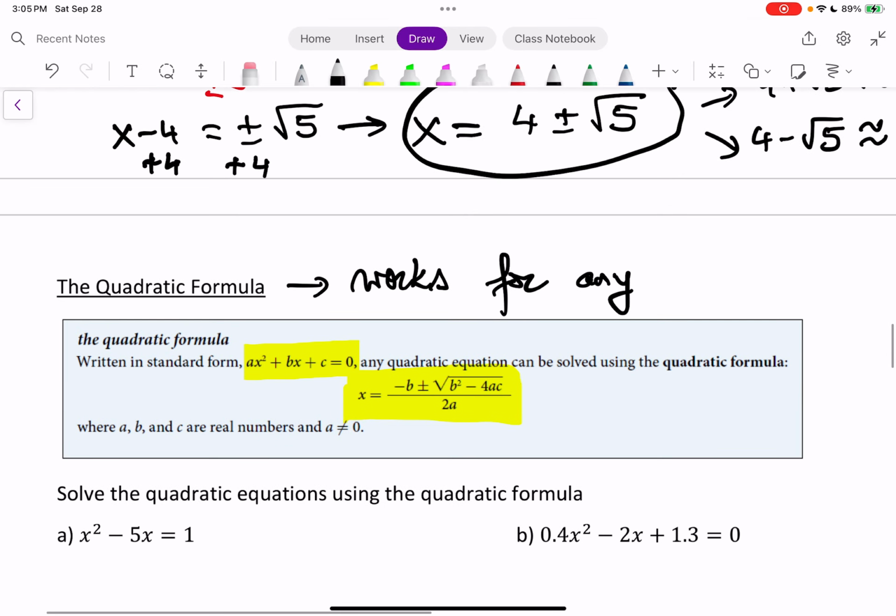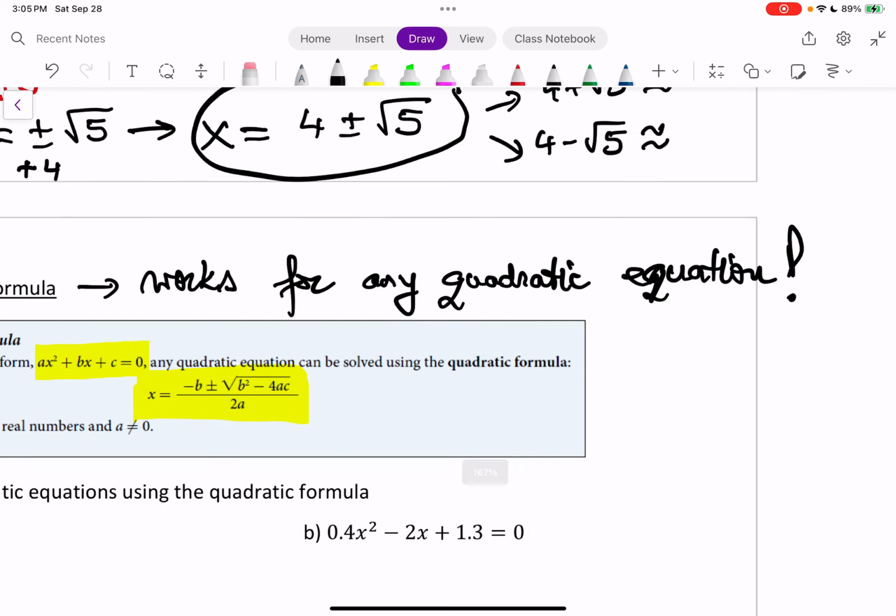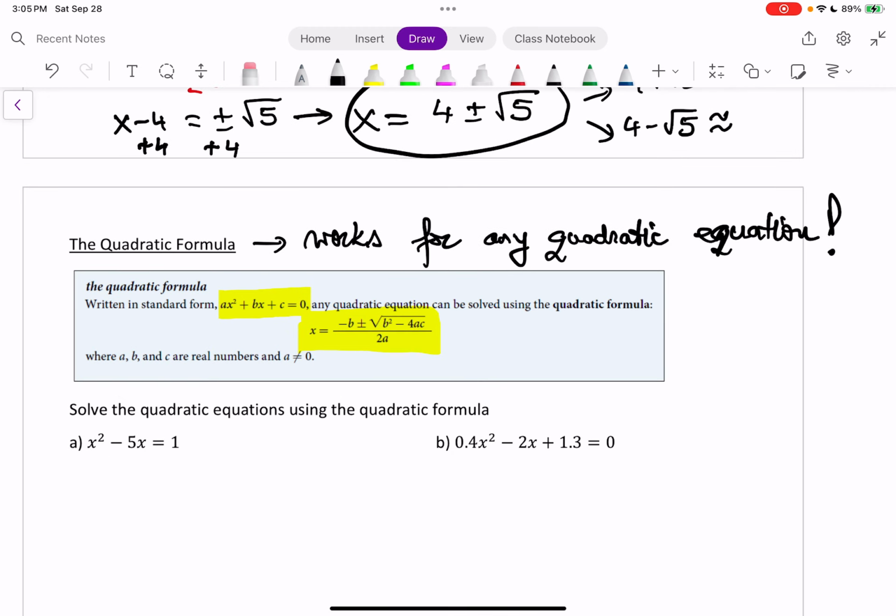So it works for any quadratic equation. So if you do not know how to factor, no problem. Learn the quadratic formula, which you already have to know, and use the quadratic formula every single time. You will see you get your answers.